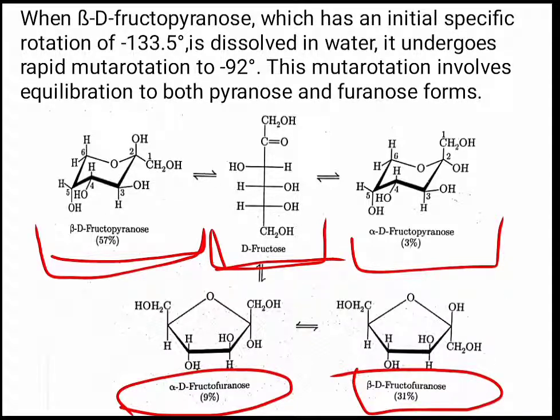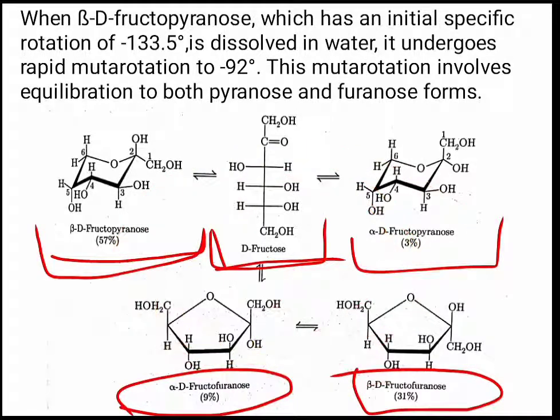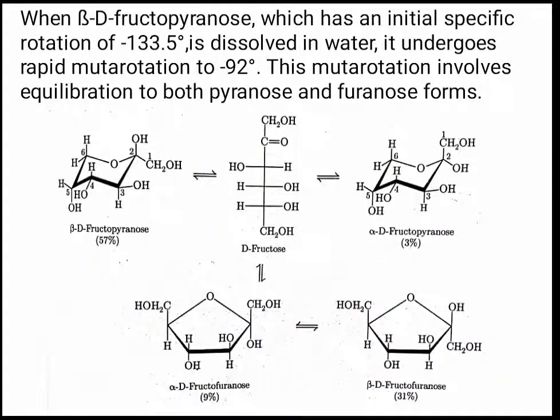So you are getting all these structures together, and you can see these percentages. Beta D fructopyranose has a 57% contribution, whereas beta D fructofuranose has 31%, and the alphas are 9% and 3% in equilibrium.